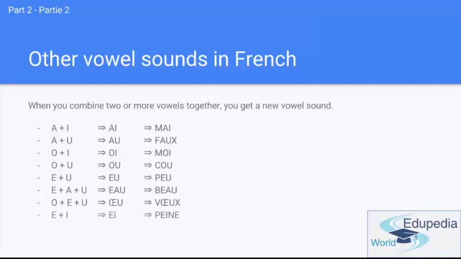Now this one I've kept last because it's actually not that frequent. You will have a few words with it, but it's way less common than all the other combinations we've seen above. So we have E plus I making the sound E. If you hear it carefully, you will notice that it sounds like in père and mère, or like in mais that we had above. It's the sound E. For example, here we have the word peine.